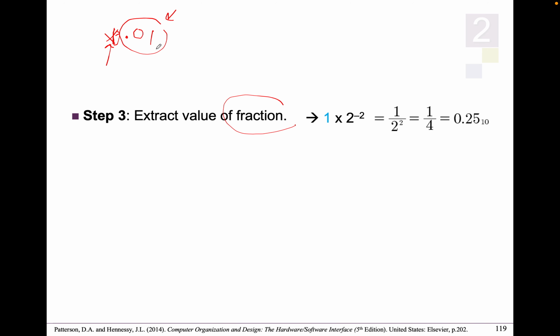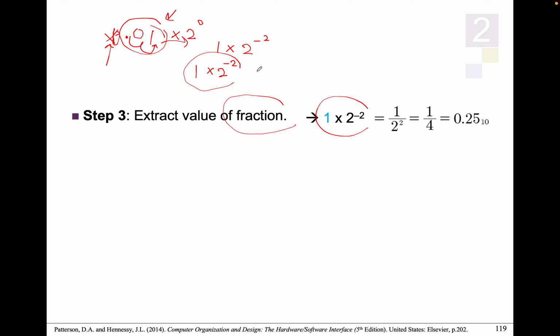If you want to convert it to decimal, this is the way: it is 1 times 2 to the power of minus 2, because you have the power of 0, then 0.1, 1, 2, and moving to the right gives 1 times 2 to the power of minus 2.